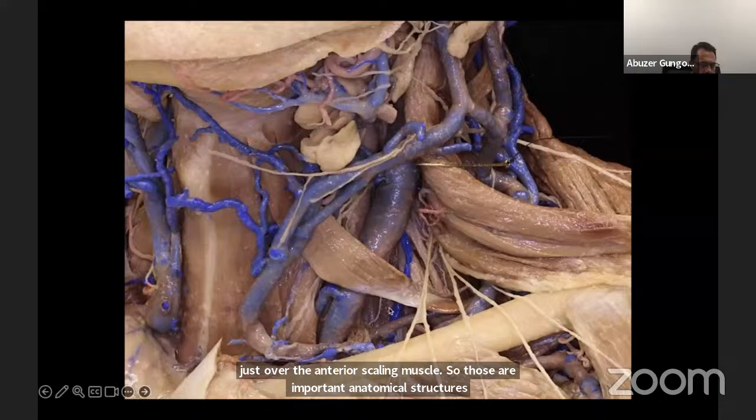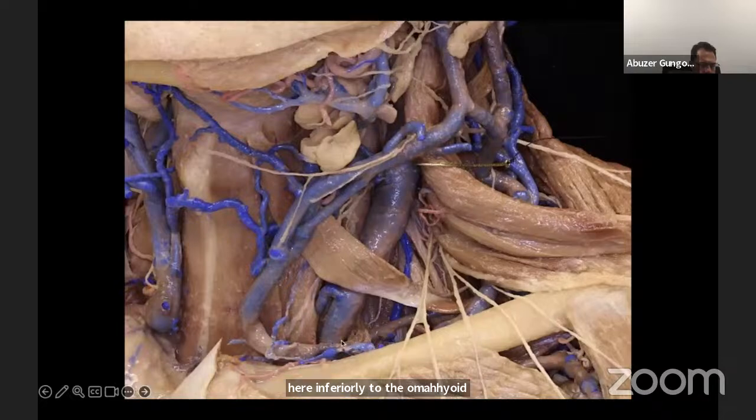So those are important anatomical structures to take into consideration. Also, inferiorly to the omohyoid, we have the thoracic duct right there in the confluence between the subclavian vein and the internal jugular vein in this location.